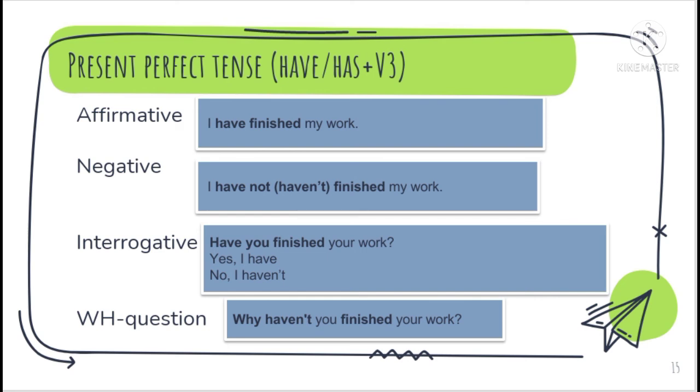Ingat, untuk present perfect, for affirmative, negative, interrogative, and then WH question itu tetap menggunakan have, has, plus verb 3. Oke, nggak usah diganti-ganti. In interrogative, have you finished your work? Sudahkah kamu menyelesaikan pekerjaanmu? Ya, itu untuk interrogative. Yes, I have. No, I have not.